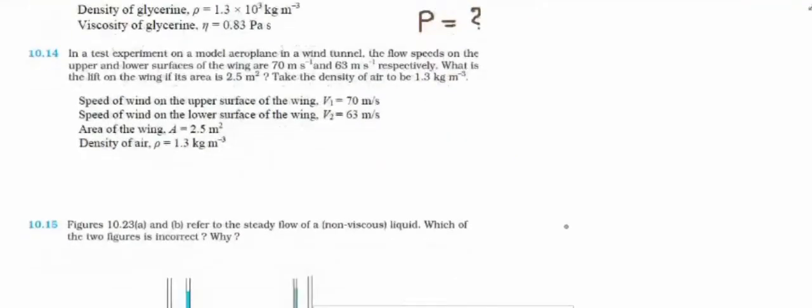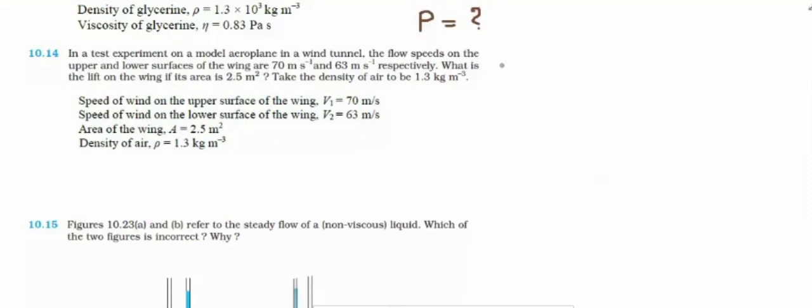Now, question 14. In a test experiment on a model aeroplane in a wind tunnel, the flow speeds on the upper and lower surfaces of the wing are 70 meters per second and 63 meters per second. What is the lift on the wing if its area is 2.5 meters square? Density of air is given. Here you apply Bernoulli's theorem. You can take both the wing surfaces in the horizontal direction.